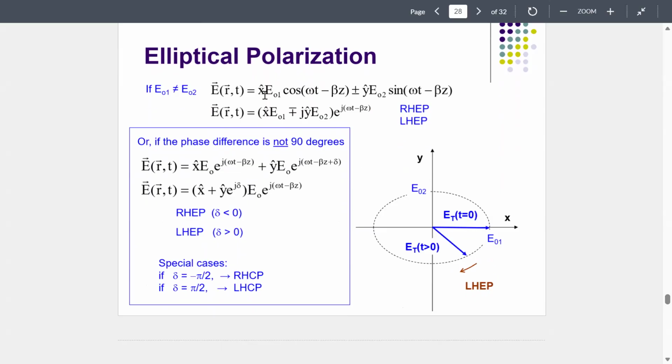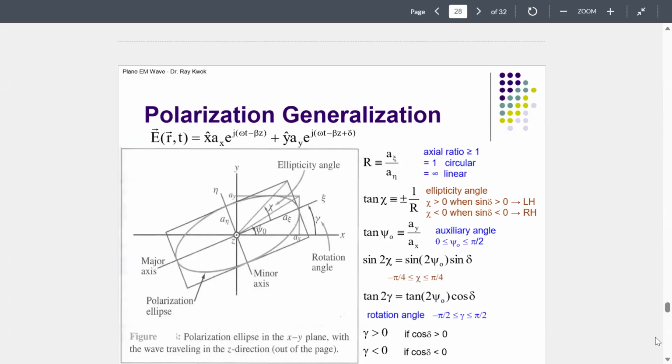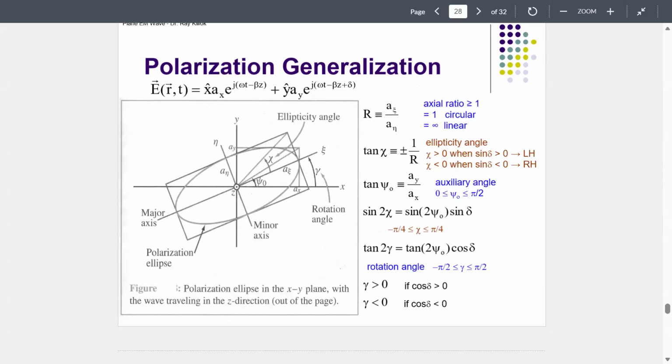If one of them fails, most likely you will have elliptical. In my book I go into it a bit more, but we're going to skip it, because in practice nobody really does this. No one would really design elliptical polarization, and nobody really cares about the tilted axis.